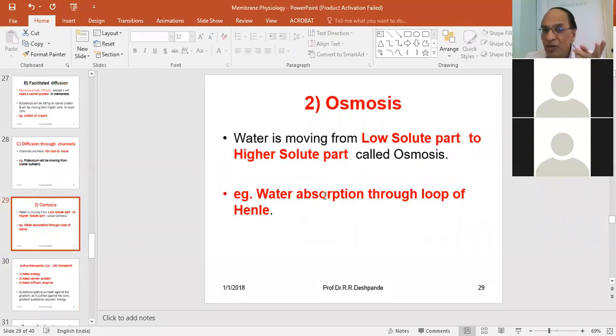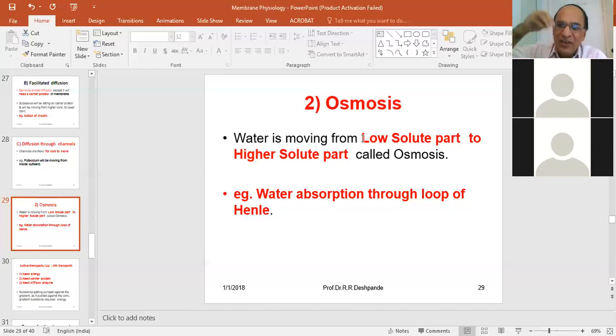The next type of passive transport is osmosis. What is osmosis? First we have seen diffusion, higher concentration to lower concentration. Now what is osmosis? Low solute part to the higher solute part. Here you must understand what is low solute and what is high solute. Water and electrolytes, water and minerals, that is a solvent.